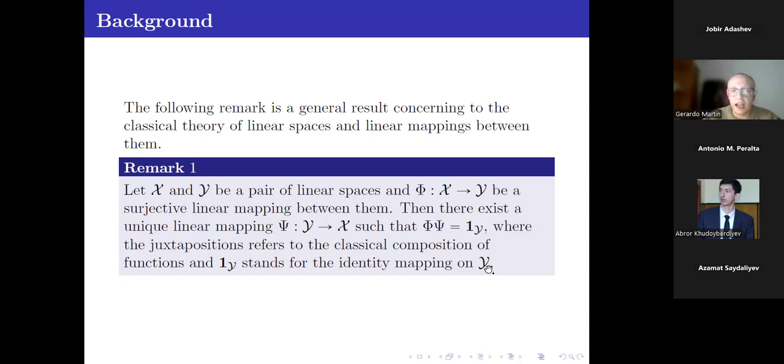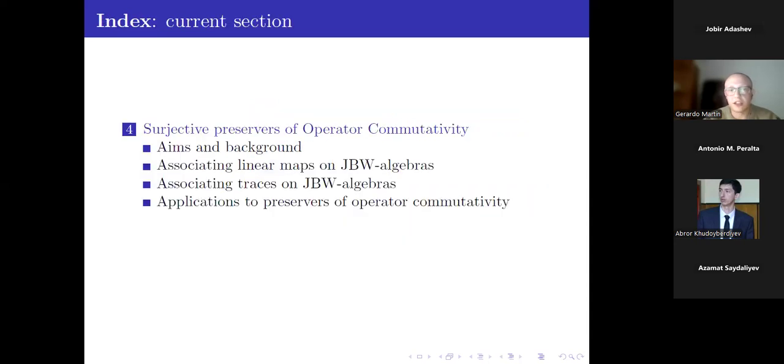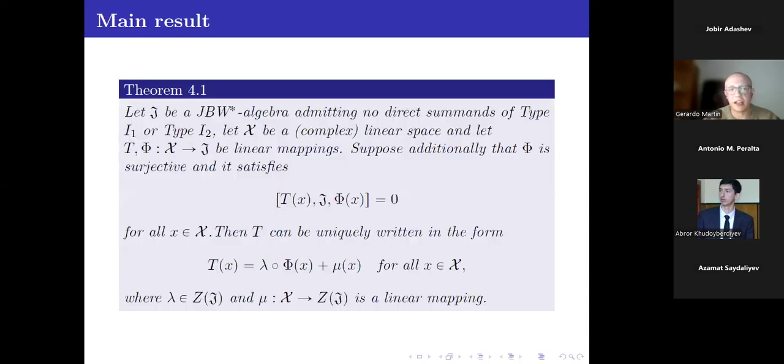Now, as we did before in the case of bijective maps, we start by studying associating linear maps on GBW star algebras. The result we obtain in this case is the following. When we have a GBW star algebra admitting no central summands of type I1 or type I2, and X is a complex linear space, which does not have any other structure, and we have two linear mappings, T and phi.